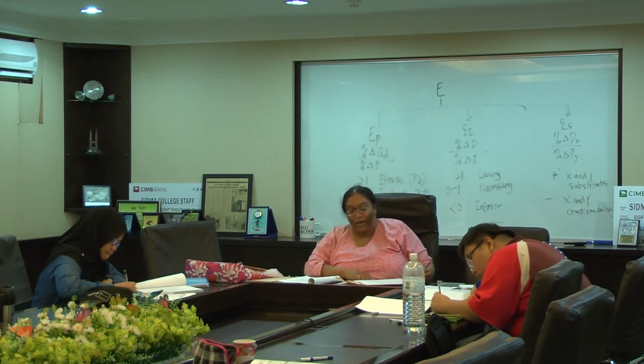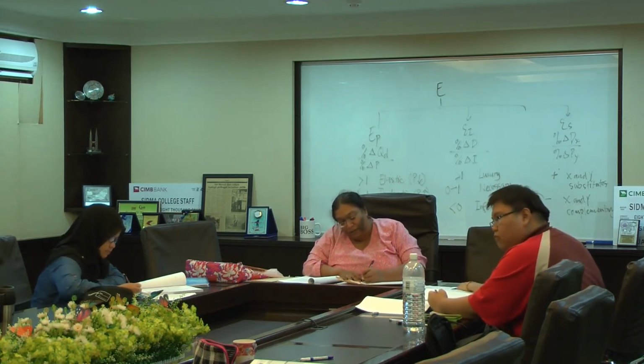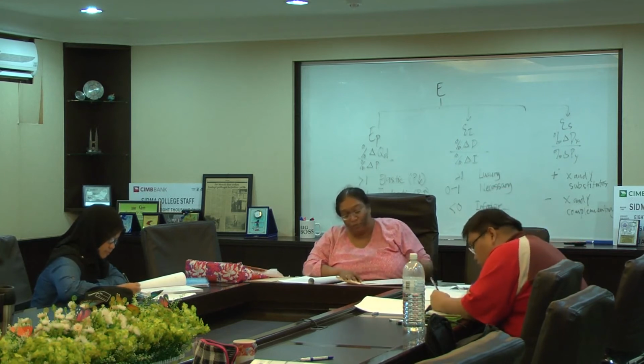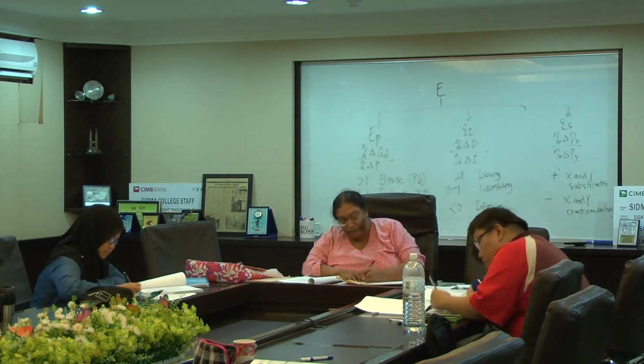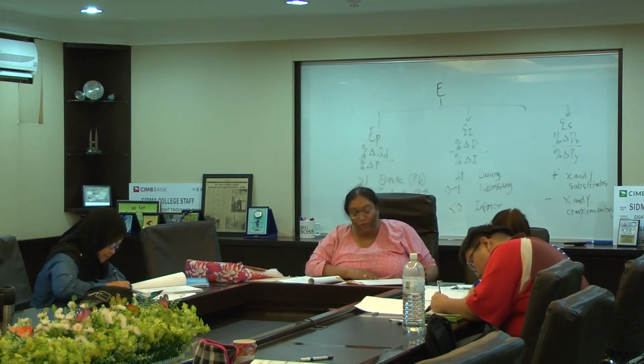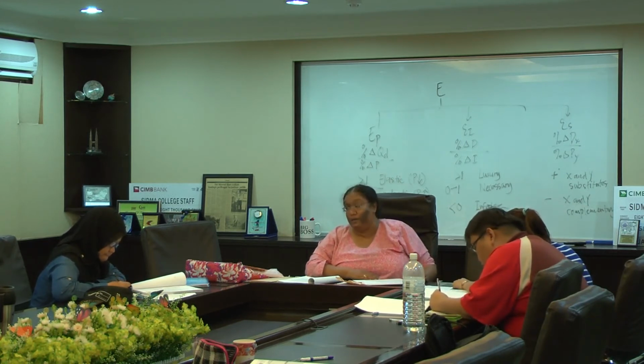When the average income in the year 2000 was 45 ringgit per week, let's see what happens to the demand for X. The demand for X was 10 units.